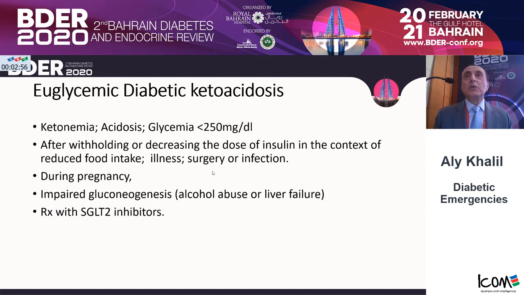Euglycemic diabetic ketoacidosis, briefly, has been lately described as a condition where you have ketosis and acidosis, but the glucose is not really high, it's less than 250.